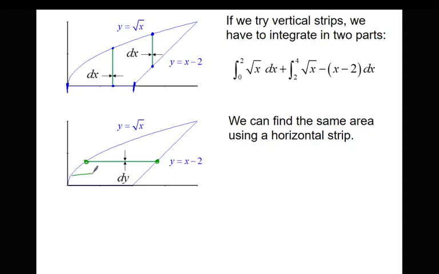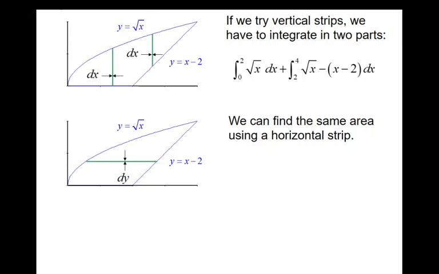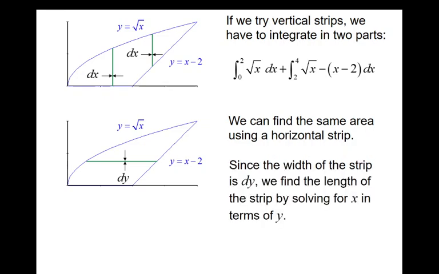But you noticed this one, if you put any strip in here, it'll always hit the same two functions the same way. So instead of doing top minus bottom, we're going to do right minus left. And the one on the right, of course, is the linear function.